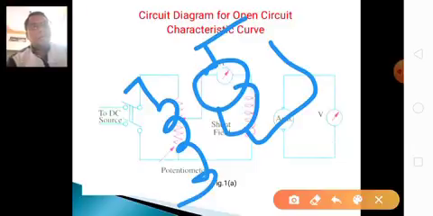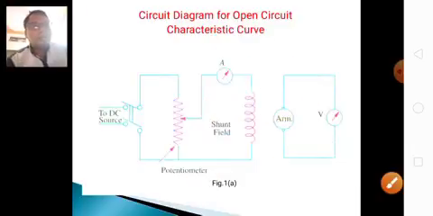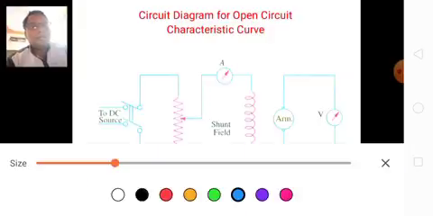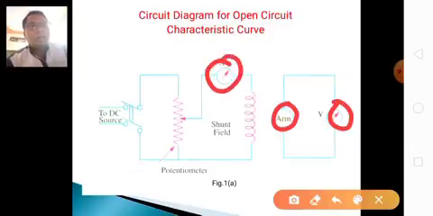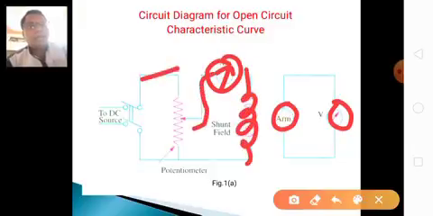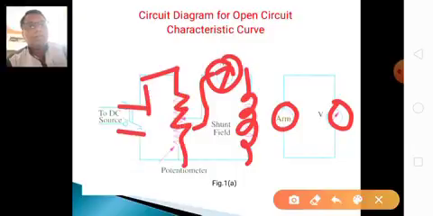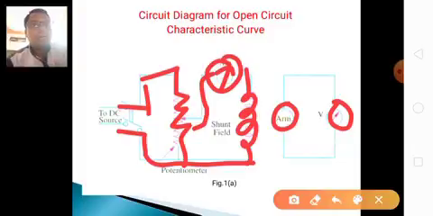Here is the armature with the voltmeter V, always connected in parallel, and an ammeter in series. Here is the shunt field winding with a variable resistance, that is a potentiometer, then to the DC source. When we give the DC source to the shunt field, the armature also rotates.